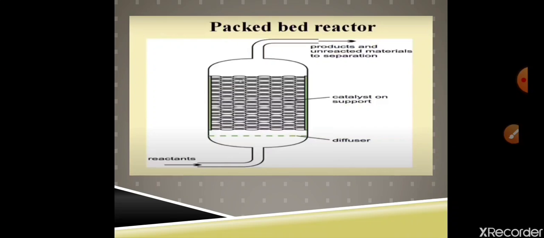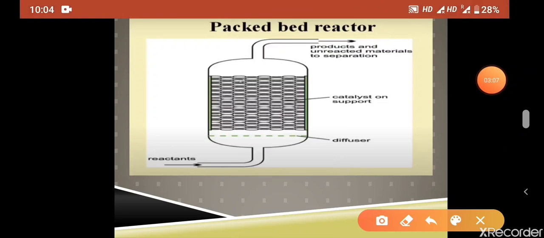Now it is defined as a vessel filled with catalytic pellets. We can pack with immobilized enzyme or immobilized microbial cells, and the reacting fluid passes through the void space between them.